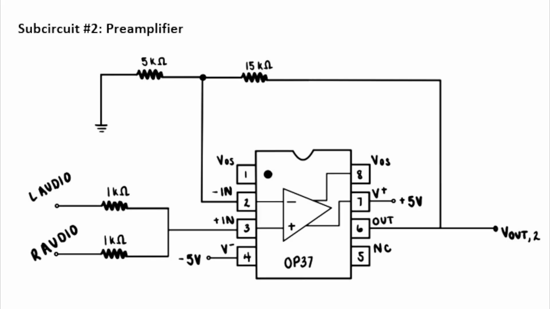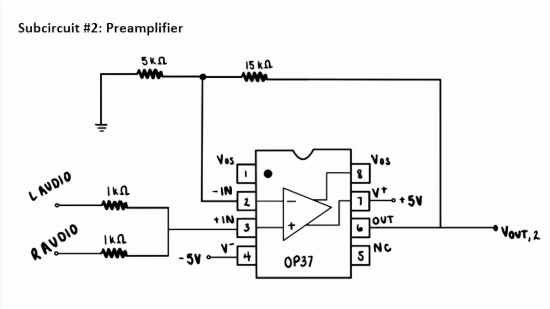To achieve sufficient amplification for signal comparison, a voltage gain of 4 was selected. The audio signal that comes off of the iPhone 5S initially has an approximate peak-to-peak voltage of 1 volt, which is too small to be effectively compared against the 5.6 volt peak-to-peak triangle wave that was generated in subcircuit 1.